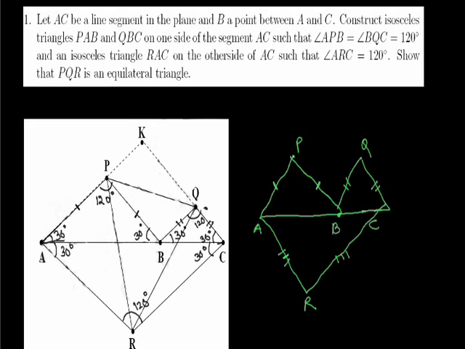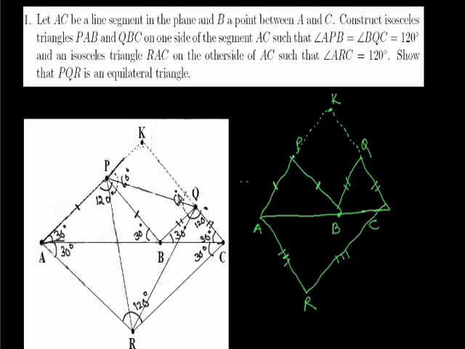Okay, now moving back to this diagram, I'll be doing some construction, that is I'll be extending P and Q to some point, that is K, which I can see in the main figure. Now this is a straight line, this is 120 degrees, so I can mark it as 60 degrees. This is 120 degrees, KQC is a straight line, so I can mark this also as 60 degrees.